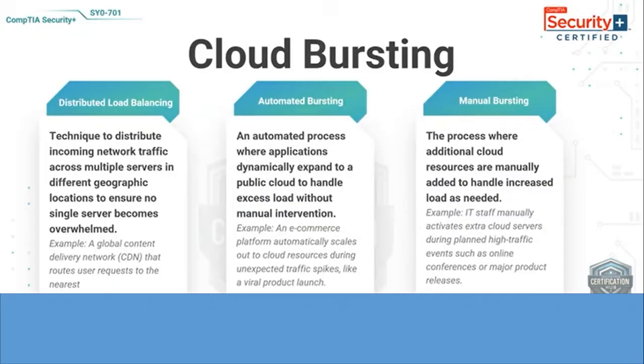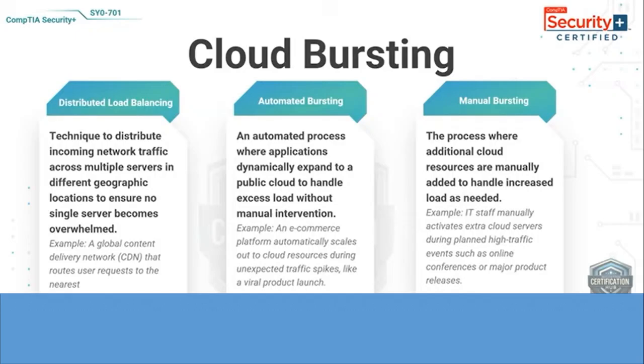Here we have the different models of cloud bursting: distributed load balancing, automated bursting, and manual bursting. These are different models, and different techniques are used to provide the support. If we talk about distributed, this is a global content delivery network that routes users' requests to the nearest machine. So this is the load balancing.